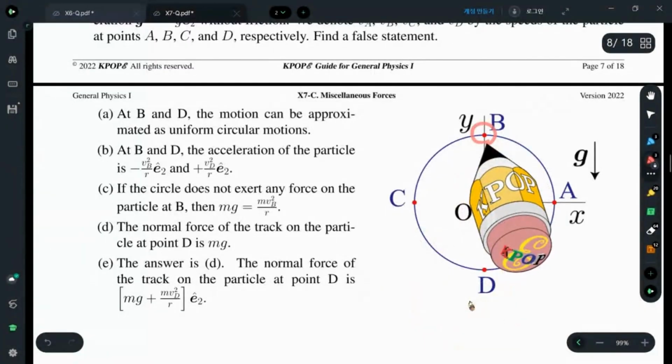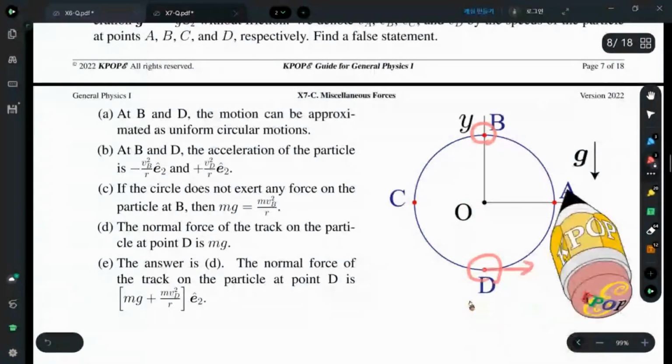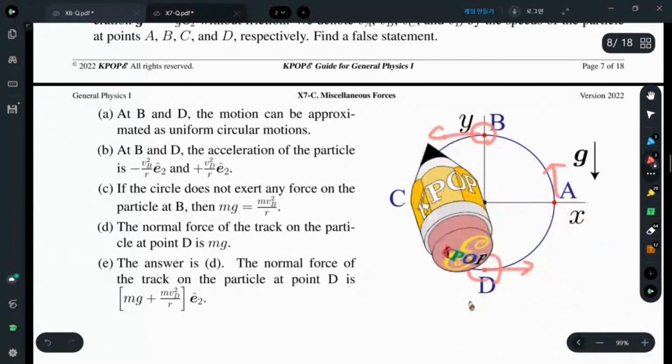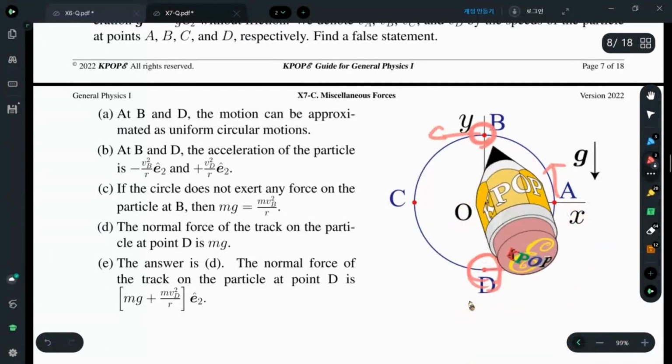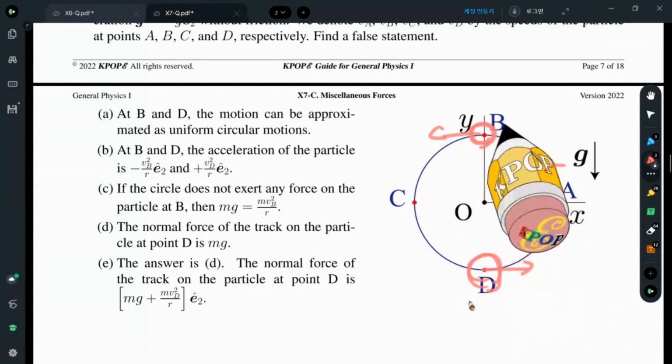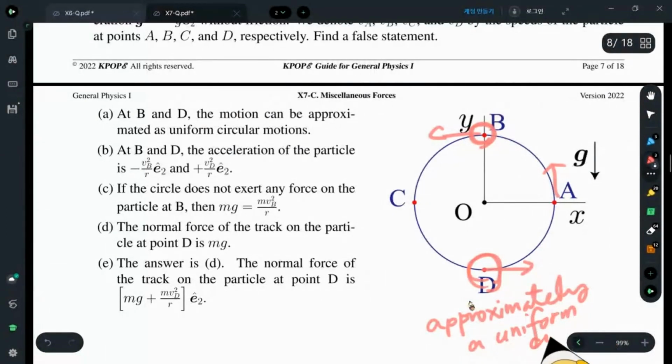It becomes slower and faster, and the motion is always tangent. And at these 2 points, as far as these 2 points are concerned, it is approximately a uniform circular motion temporarily.